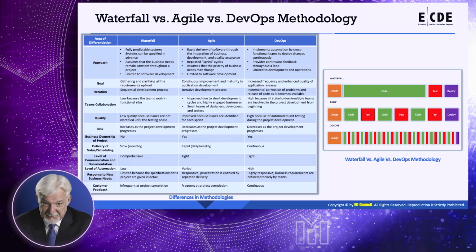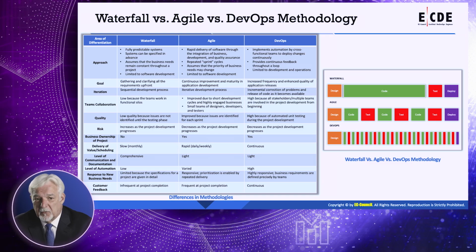Agile has these sprint cycles. It's an iterative approach. And with DevOps, we're talking about applying smaller, discrete, incremental corrections of problems in the code as these issues get discovered. They can be swept and cleaned up in a continuous cycle.